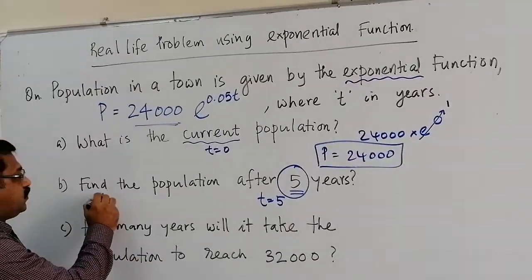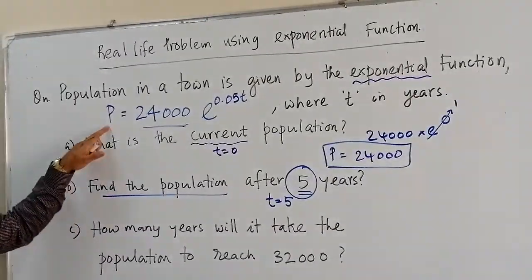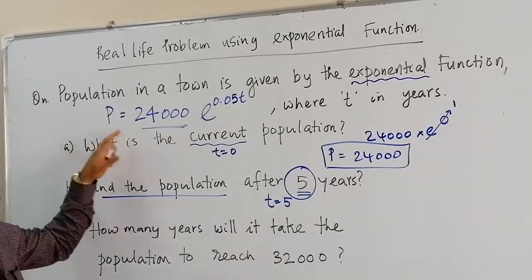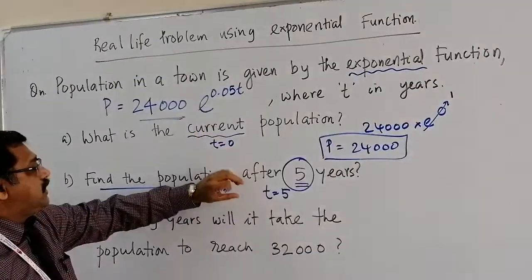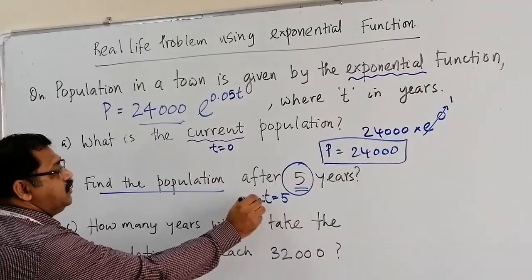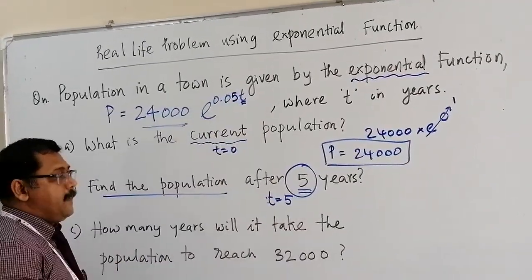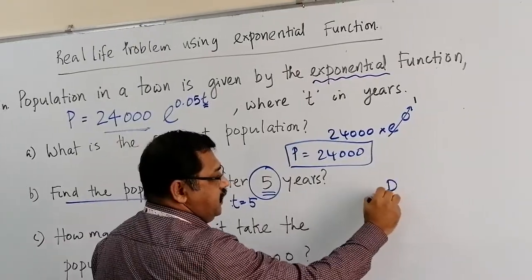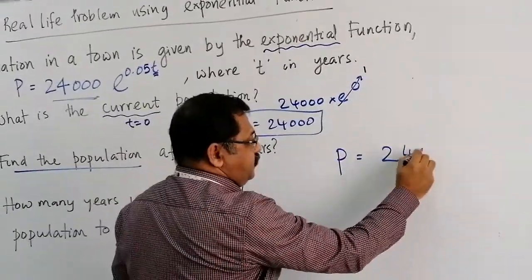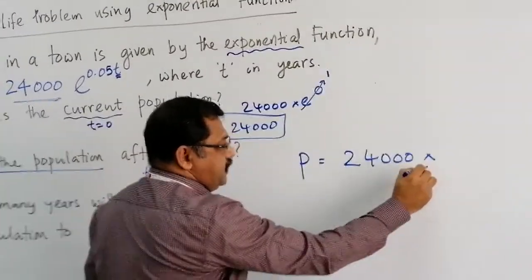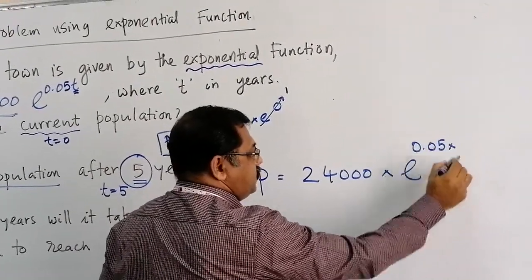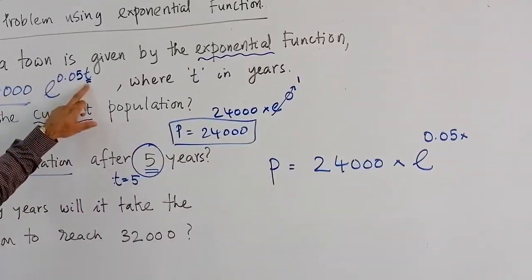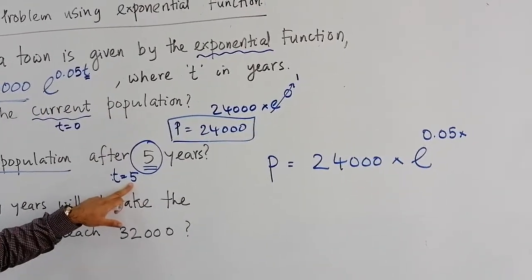And we are looking to find p when t equals 5. So you directly substitute the value of t here. So we will get the equation as p equals 24,000 multiplied by e to the power 0.05 multiplied by 5.